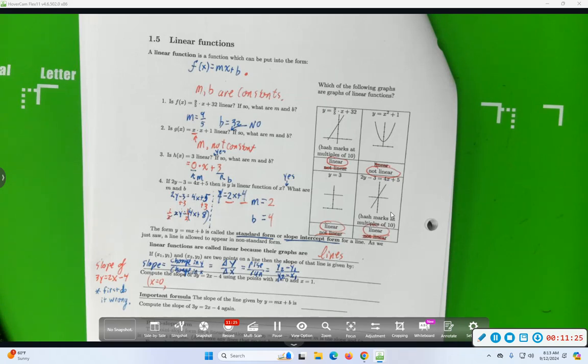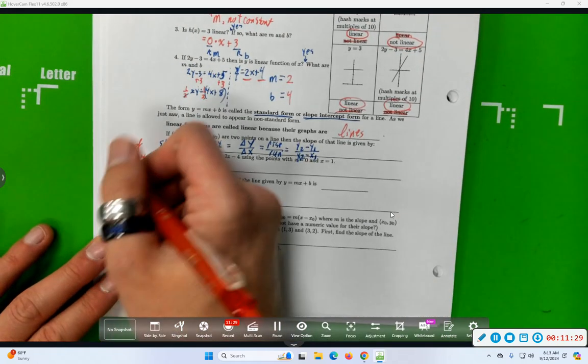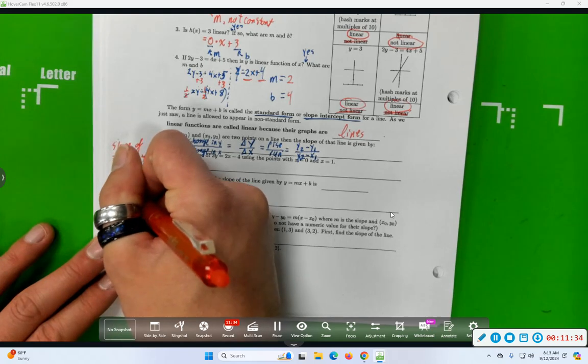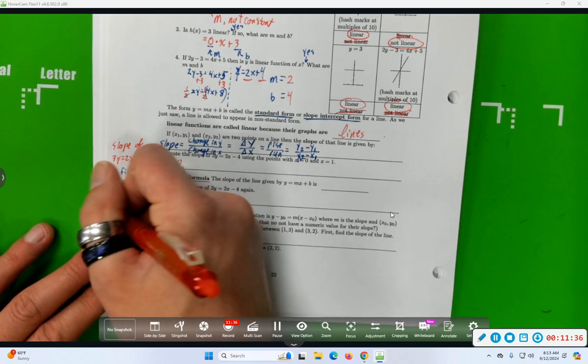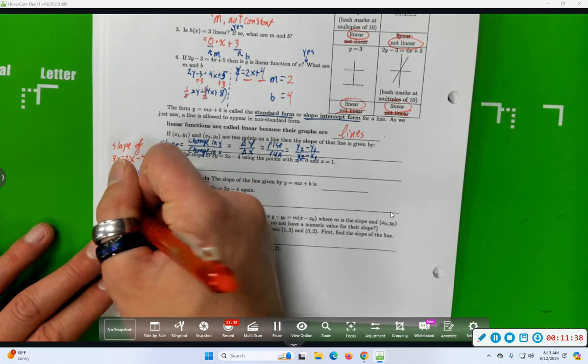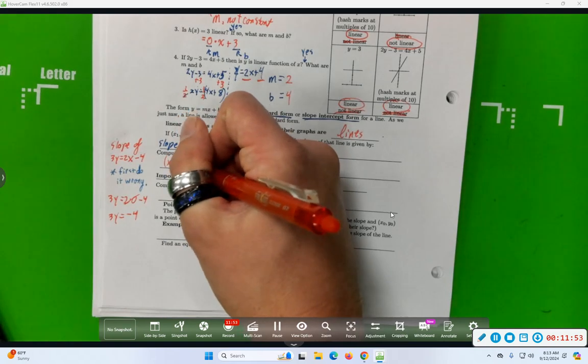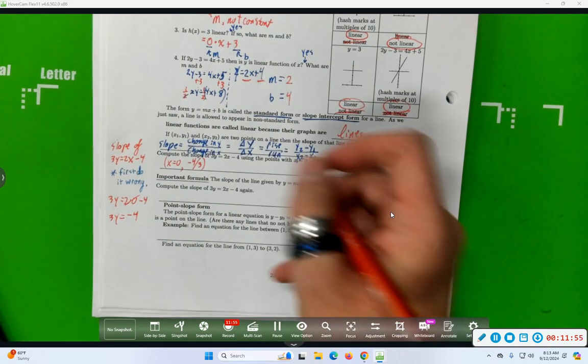Let's see, maybe I'll do the algebra off in the margins. So we'll get 3y equals 2 times 0 minus 4. The 2 times 0 doesn't matter. 3y equals minus 4. So how do you solve that for y? Alright, you just divide by 3. So negative 4 over 3 is the y value that corresponds to x equals 0.